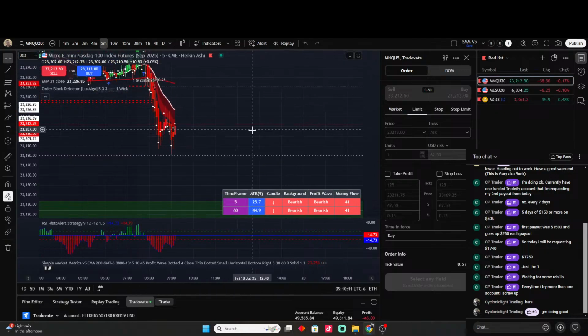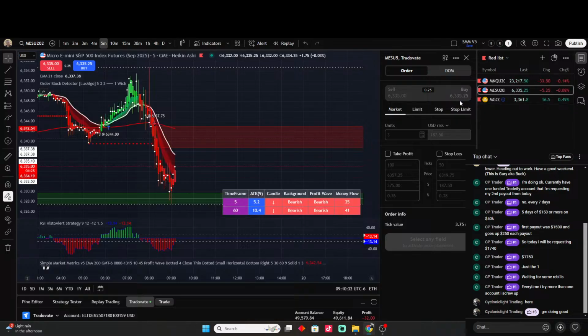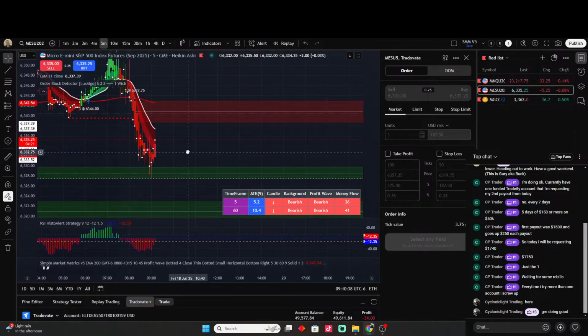So as we watch things over my channel, and we've looked at this profit wave, you can kind of tell a lot from that. Every time you get these spikes into it, then look what happens. The next couple of candles dip down really hard. Same with ES. We had two candles poke into it, and the next two are down super hard.